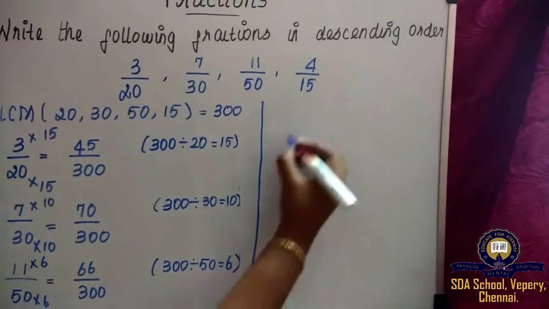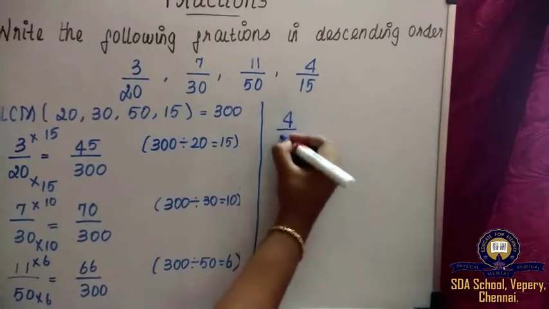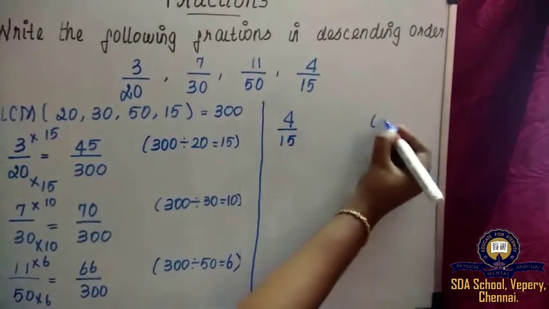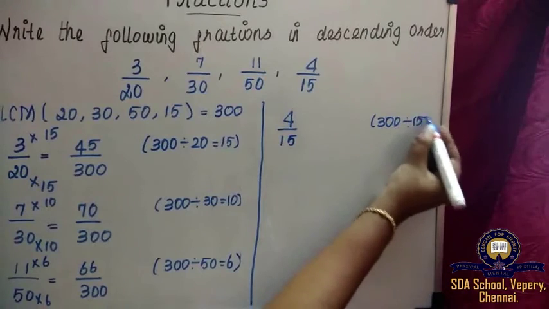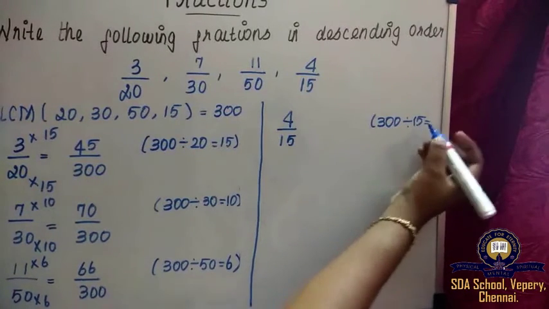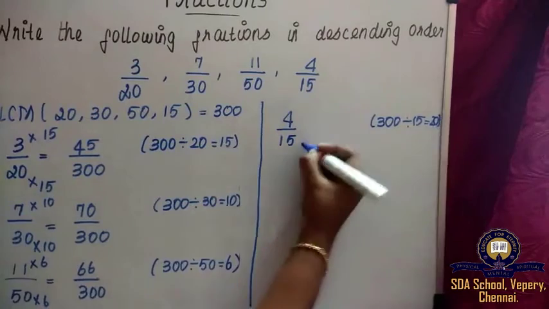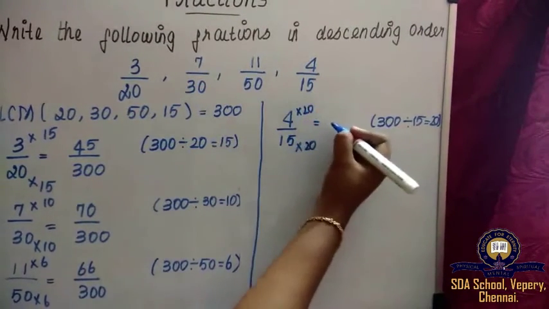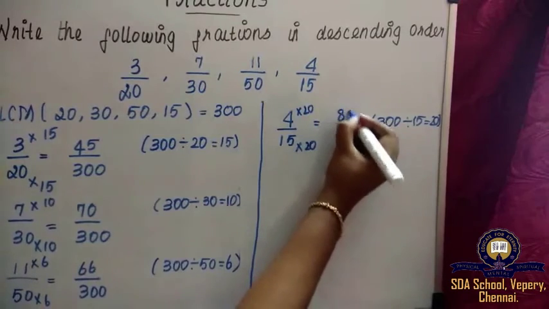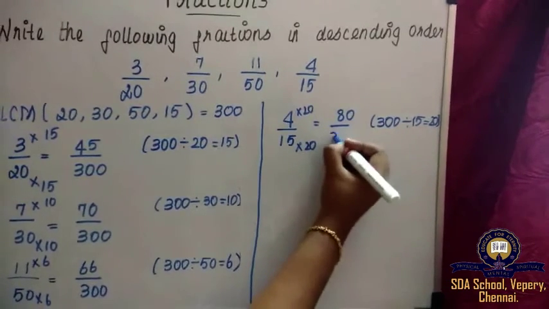Next fraction is 4 by 15. So 300 divided by 15 is equal to 20. So we have to multiply the numerator as well as the denominator by 20. 4 20s are 80. 15 20s are 300.